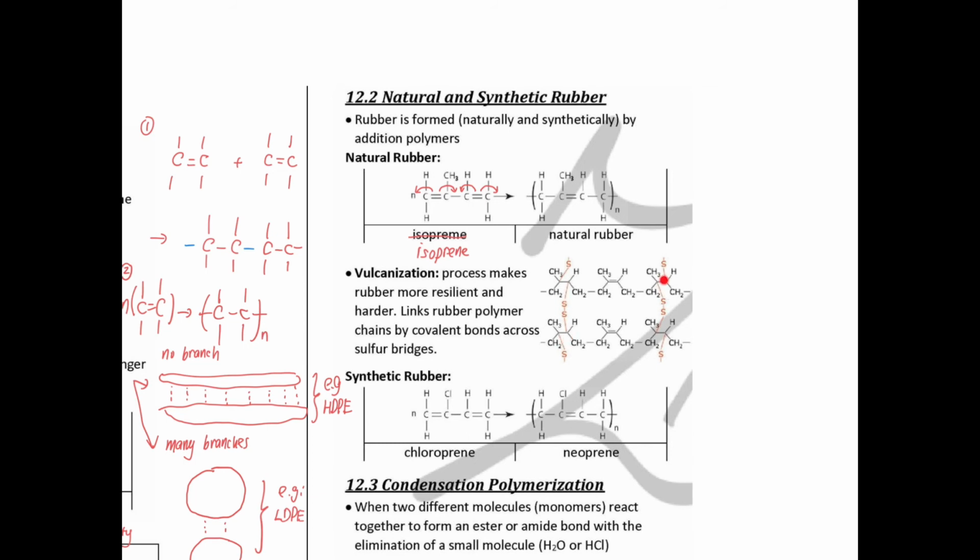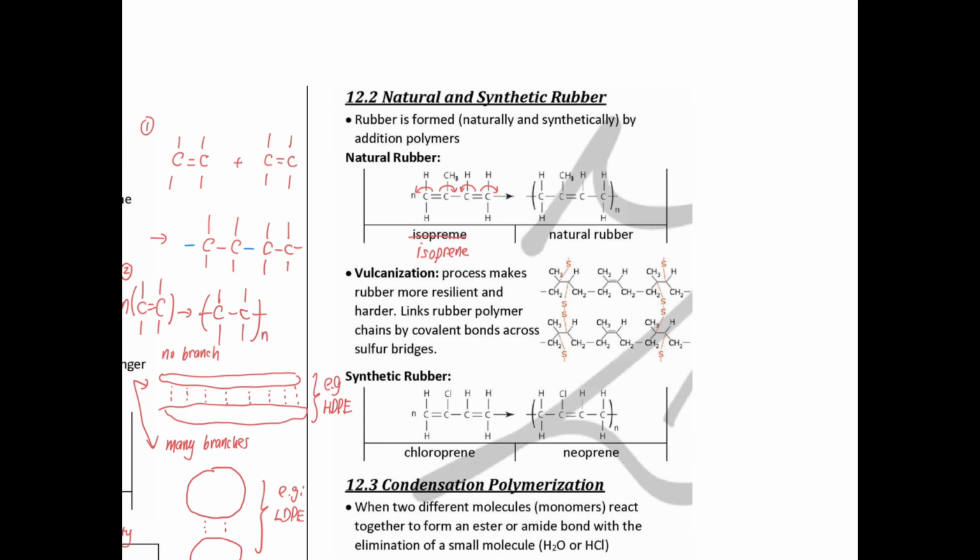You can put it at many points to form the disulfide bridge. Basically they can add one extra bond there because there is a double bond there. So this double bond makes the disulfide bridge able to form.